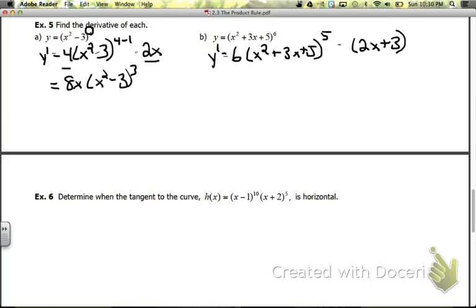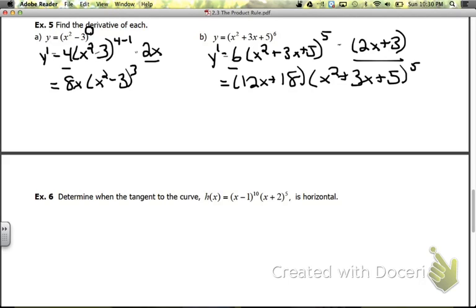What I'm going to do here is multiply this 6 by what's inside our brackets. So what we'll be left with is 12x plus 18 times (x squared plus 3x plus 5) all to the power of 5. Now if you didn't multiply it in, that's quite alright. Both are the same answers here.